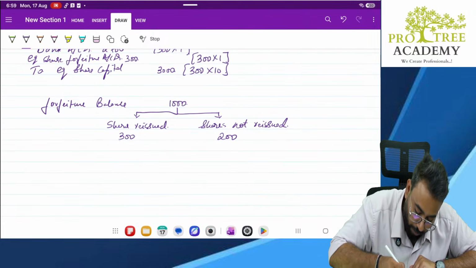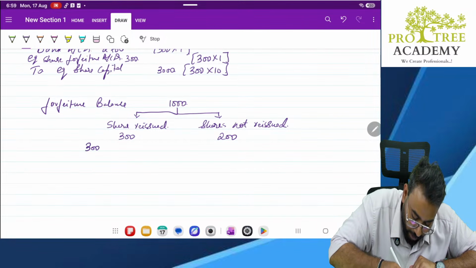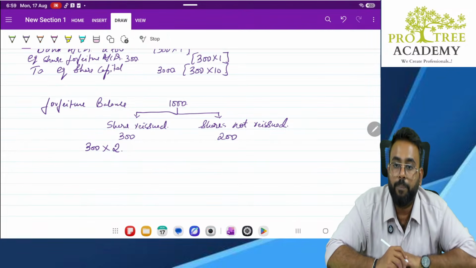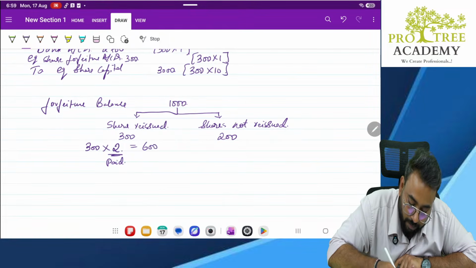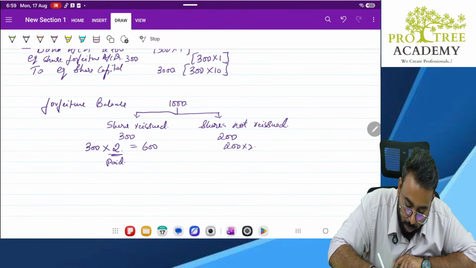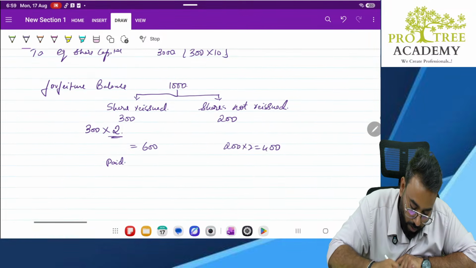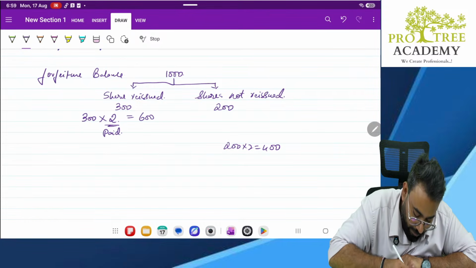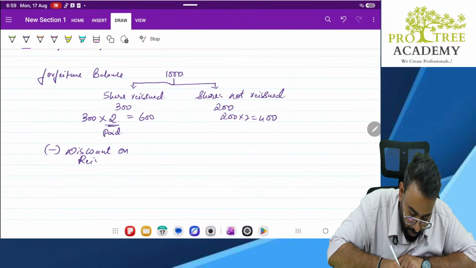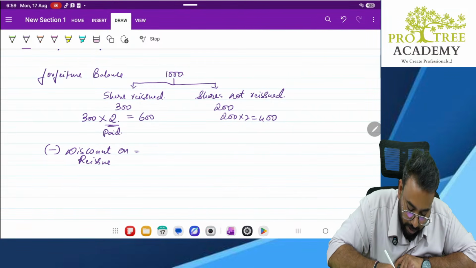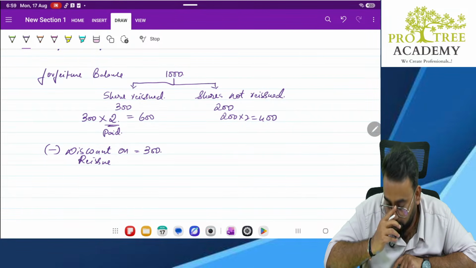So what is the forfeiture on these 300 shares? Sir, 300 into 2 rupees. That is the amount which is paid, no? Correct? So 600. Here 200 into 2, sir, 400. Out of this 600, the discount on reissue of shares should be adjusted. How much was the discount? Sir, 300.